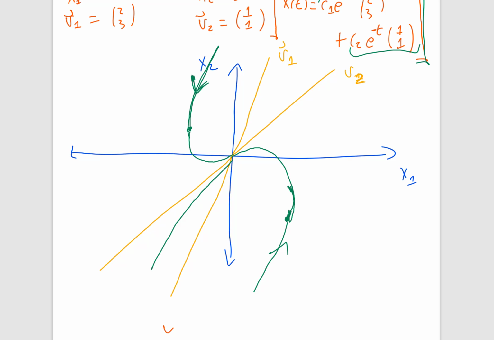It's a little harder to discern, actually, when you're right here. And then something like this. And again, they're traveling into the origin, so we're going to put the arrows in that direction because that is the way that the solution curve gets traced out.